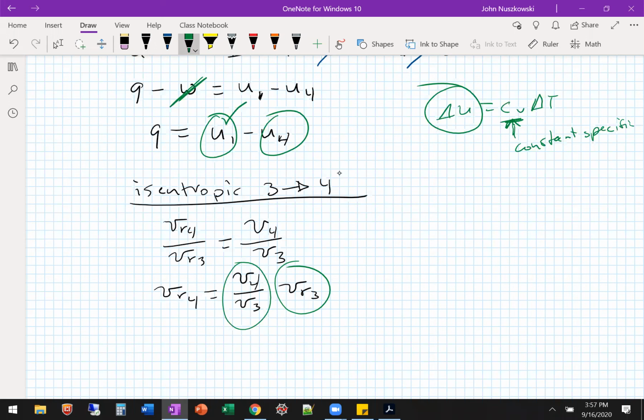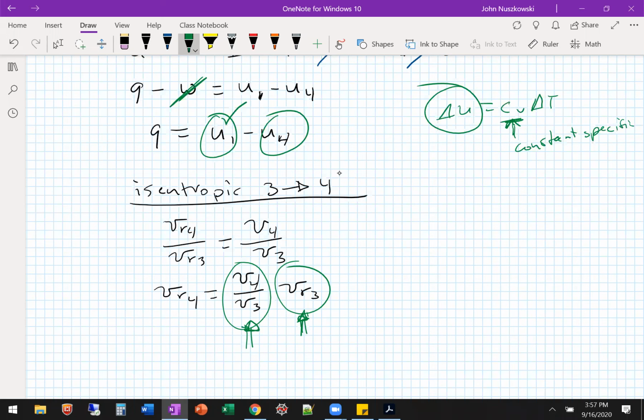How about for state 1, how did we get it? Using the cutoff ratio, can we get it like that? Not for VR. This is just a relative specific volume, so this is just a table property. This side is where we might have to use that cutoff ratio, but the relative one is this one. Sorry, for the relative, I didn't notice the R.